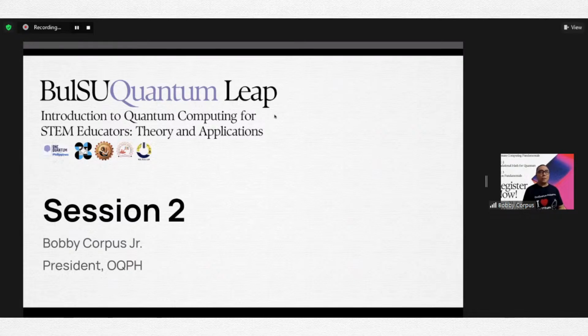Merong nagtanong sa akin, no, sabi niya, possible ba na I can begin quantum computing just by downloading, just by doing Qiskit kagad? So sabi ko sa kanya, mukhang mahirap, no?